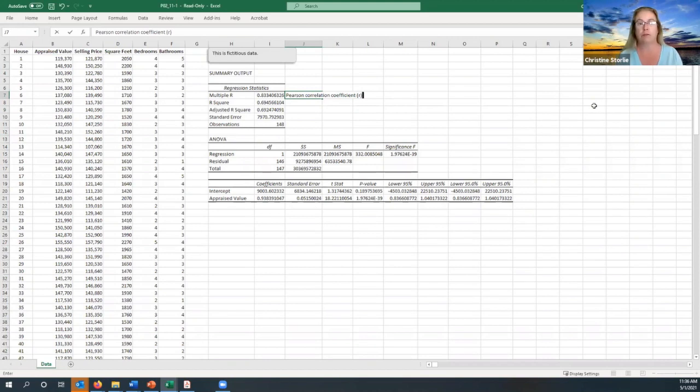It's represented with a small r for a simple linear regression. For a multiple linear regression, it's represented with a capital R, thus Excel's obtuse way of using multiple R to represent the correlation coefficient. So this correlation coefficient is greater than 70%.